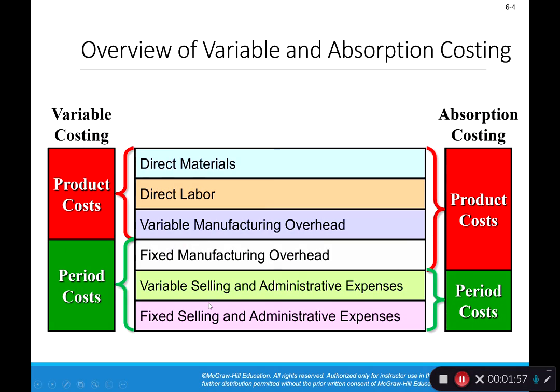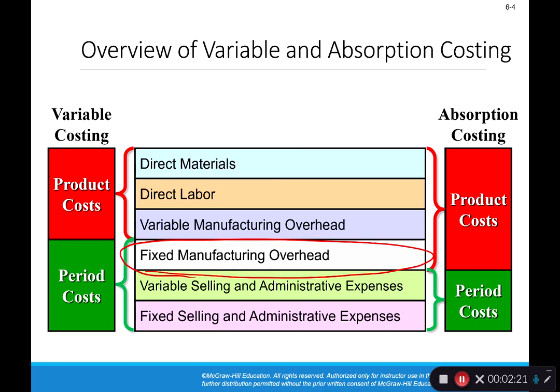So what's the difference between variable and absorption costing? For some reason, through my many years of teaching this course, I found that students struggle with this concept, though they shouldn't, because the only difference between variable and absorption costing is how fixed manufacturing overhead is treated. Under variable costing, only the variable product costs go into the product.